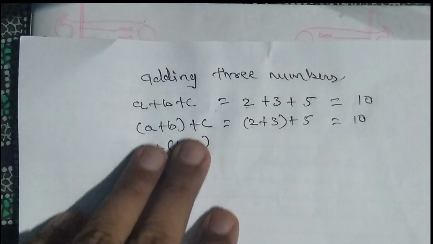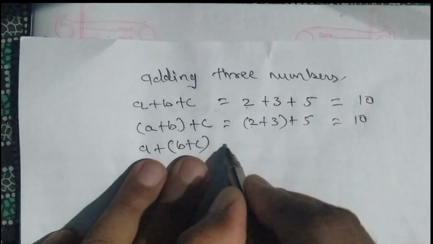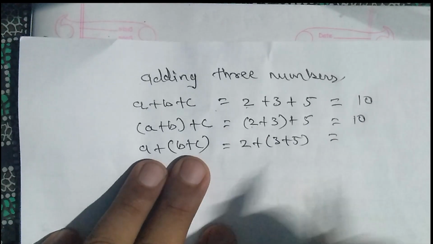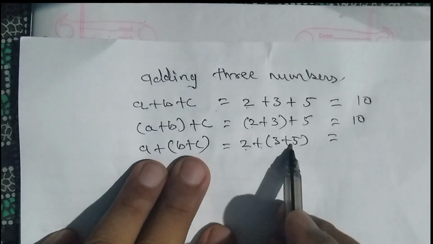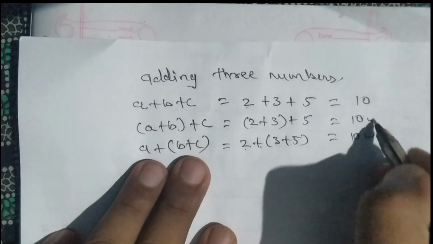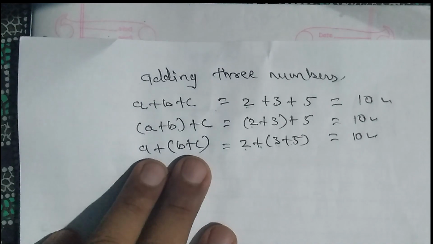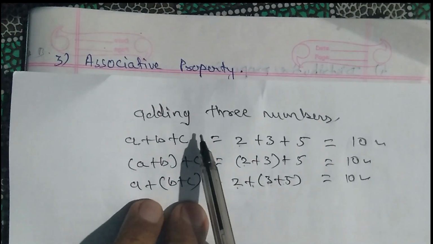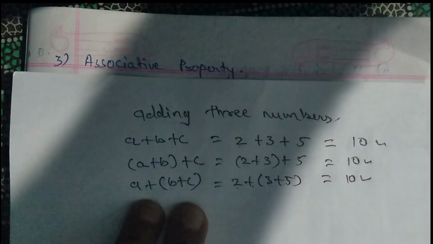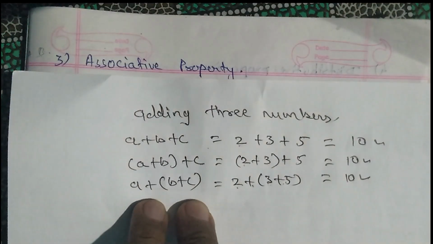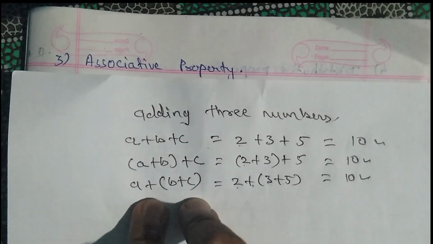If I group the last two, that is 2 plus 3 plus 5, this is 8 plus 2, 10. So I am getting all these three answers the same. So associative property states that you can add or multiply regardless of how the numbers are grouped.